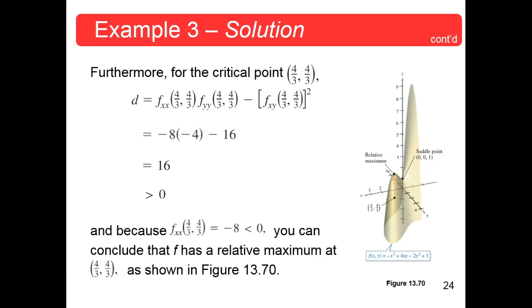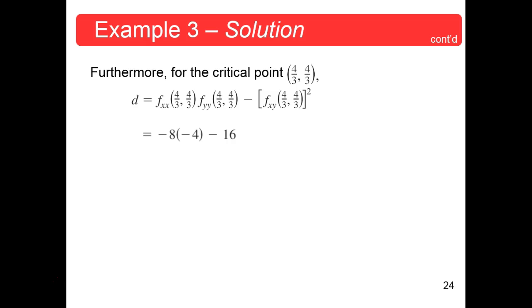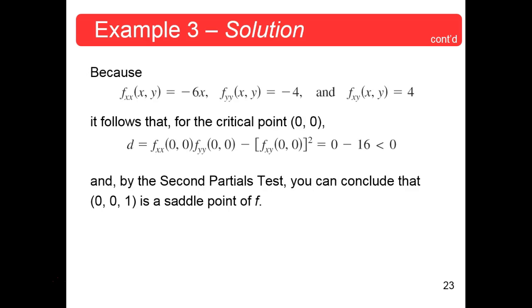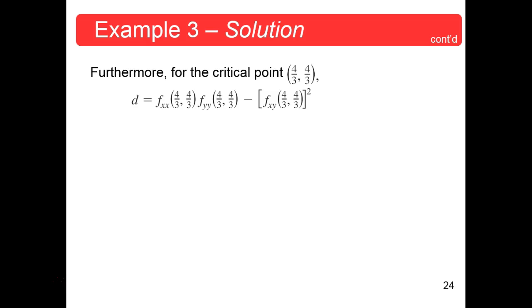If the product of these two, well, we saw this in the last one. Here the D value is negative 16. If it's negative, it's a saddle point. If the D value is positive, then it's either a relative maximum or a relative minimum.